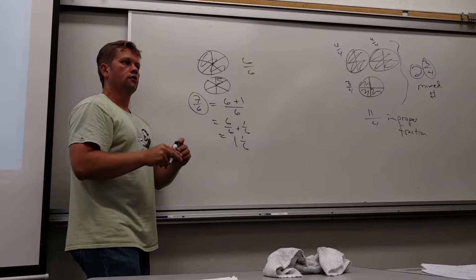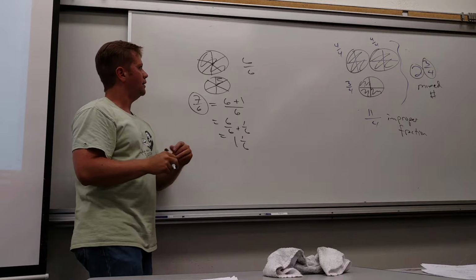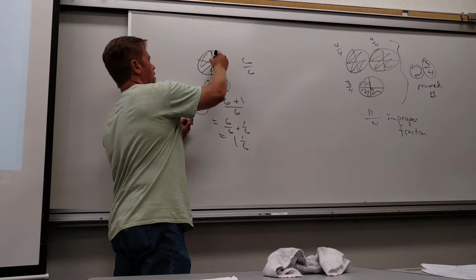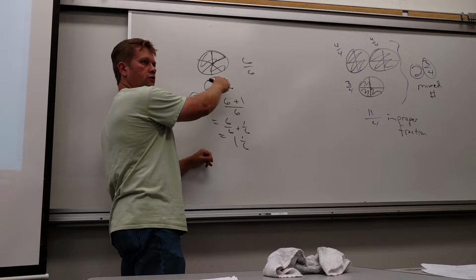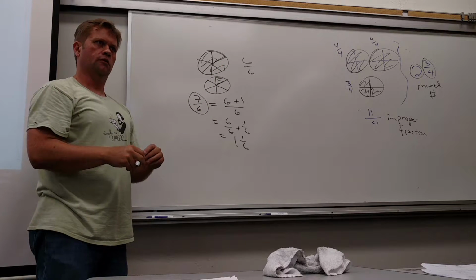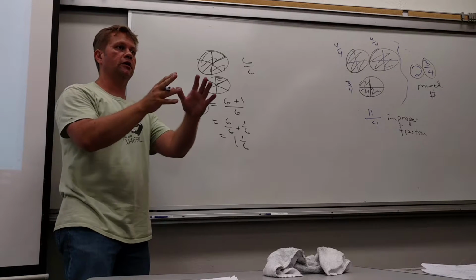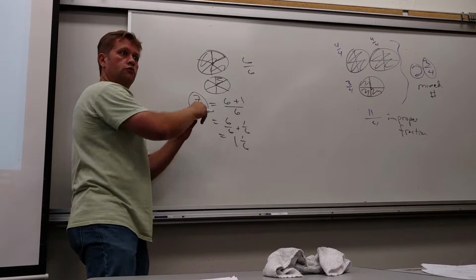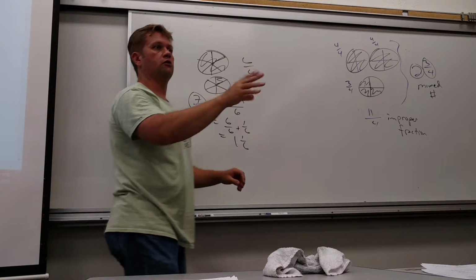So with the diagram, would it be wrong to have the slice by itself and not with the whole circle, like the extra part? Visually you need that idea that there are 6 total parts here and only one of them. It's not wrong, but to be clear, you should, to make sure that I understand what you mean. In general, it wouldn't be wrong.